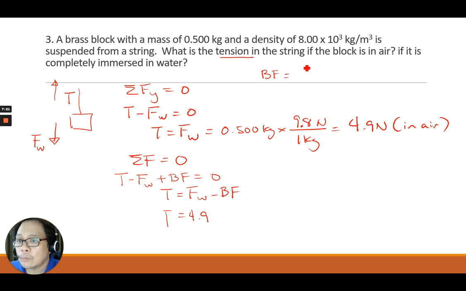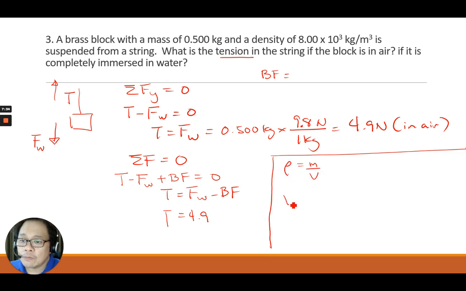So we first compute for the volume of the block using density and the mass here. We know that density is equal to mass divided by the volume. Volume, therefore, is equal to mass divided by the density. So we transform the equation. The mass given is 0.500 kilogram divided by the density 8.00 times 10 raised to the third kilogram per cubic meter.